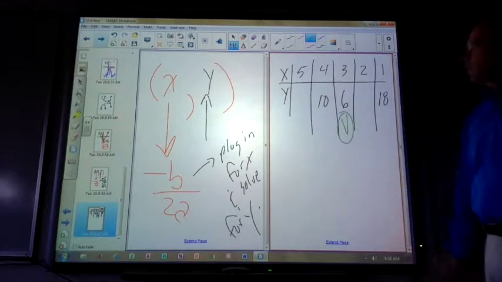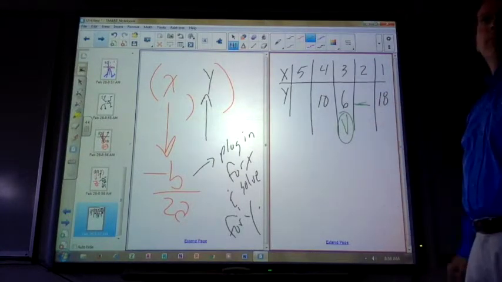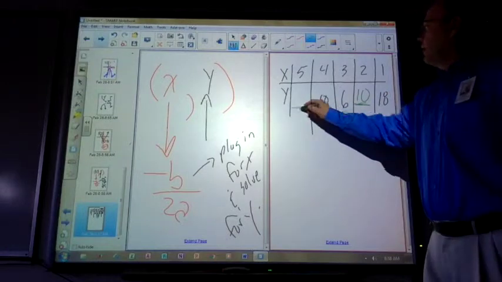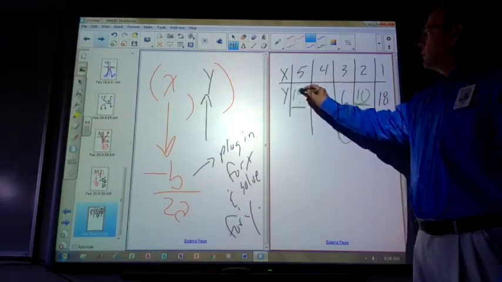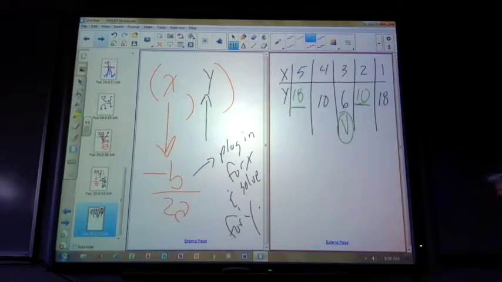Still with me? What does this value have to be? 10? What does this value have to be? Perfect. I like it.